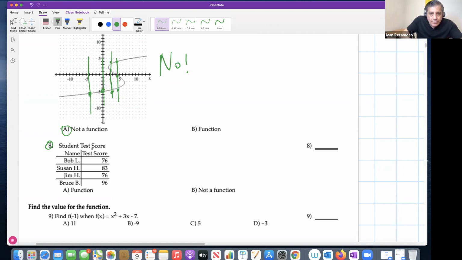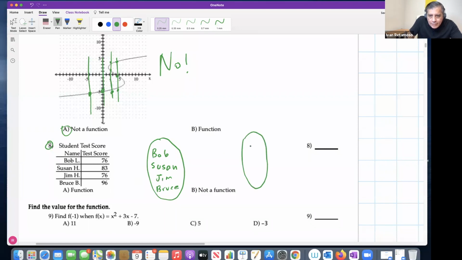If you're not sure how to do this nicely, just use sets. This is the first set, and this is supposed to be associated with these numbers: 76, 83, 76, 96.